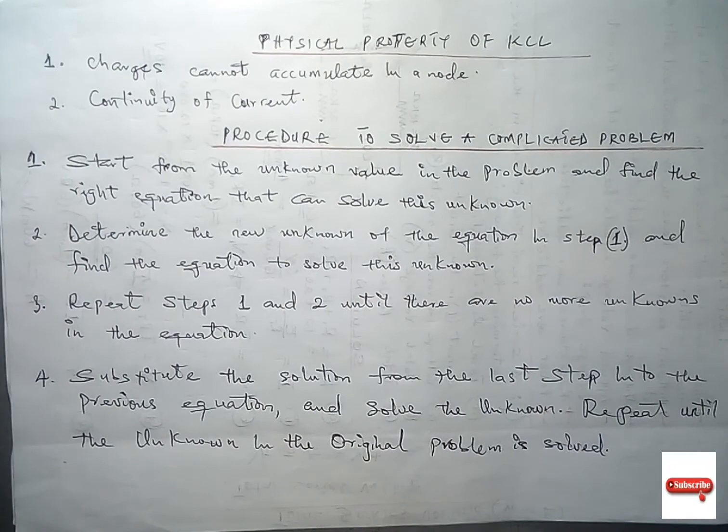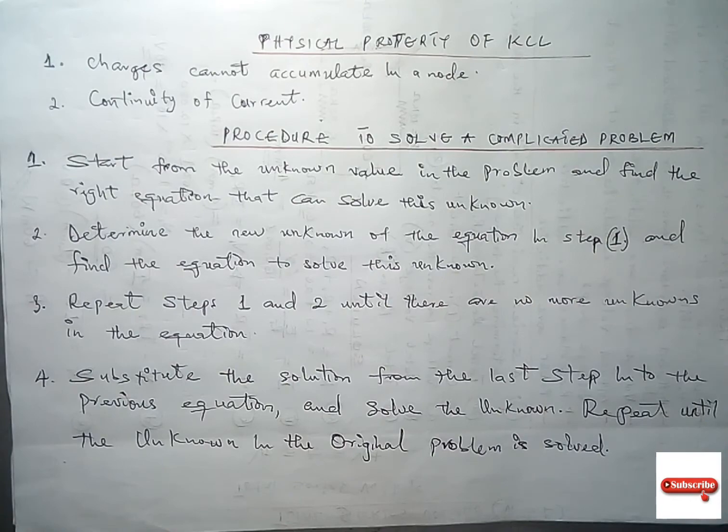In case you come across complicated problems in KCL, the procedure below is what you should take note of, so that you can apply it for easy solutions. It does not matter which field of science the problem belongs to, or how complicated it is. The procedure for analyzing and solving KCL is always the same.